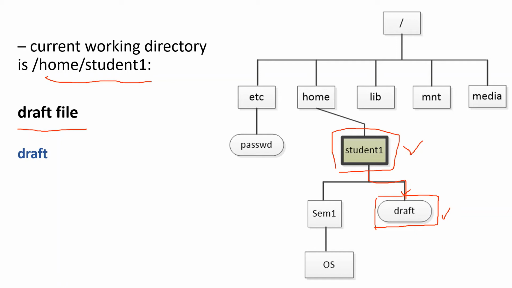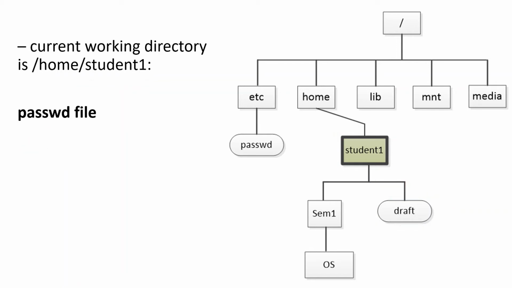look at another example where we use the double dot. Here it is the password file. The password file is located in the etc directory, and now we are in student1. So what is the path from student1?